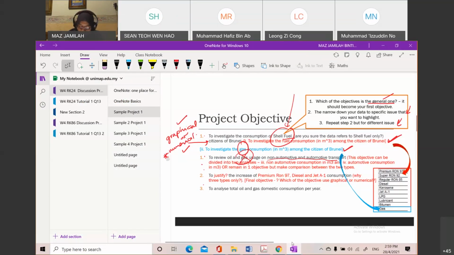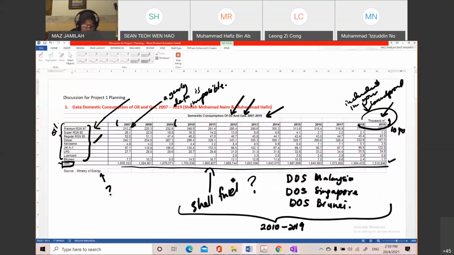So it will go back to which petroleum will be used for automotive versus non-automotive. Okay, so you can investigate how automotive and non-automotive differ in terms of usage from 2010 until 2019.